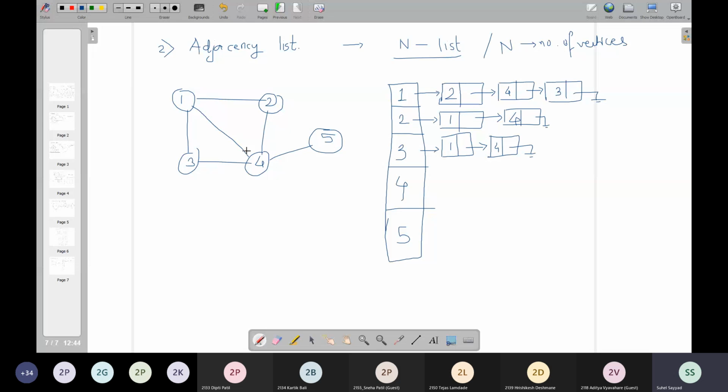Which are the adjacent vertices of 4? 1, 2, 3 and 5. I'll draw one loop also here so that entry will also be understood. Which are the adjacent vertices of 5? 4 and also 5. Very important.